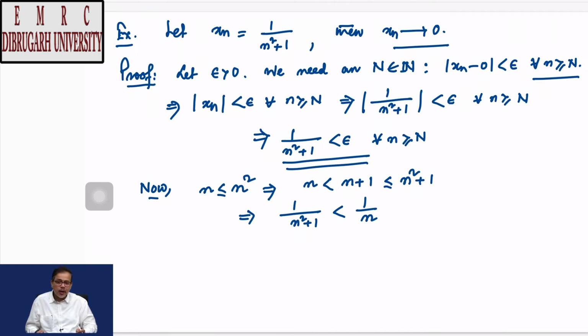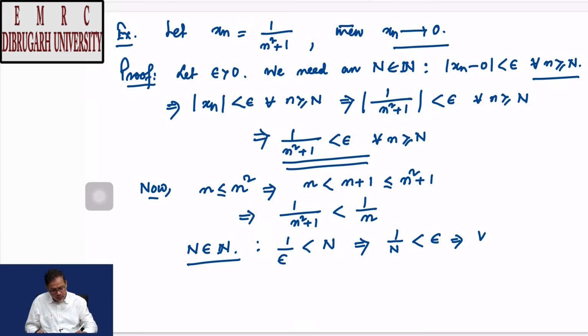By a similar argument as in the previous examples, we can have now capital N in the set of natural numbers such that 1 by epsilon is less than capital N, and then 1 by N is less than epsilon. And for all n greater than or equal to N, we have 1 by n is less than or equal to 1 by capital N, and that is less than epsilon.